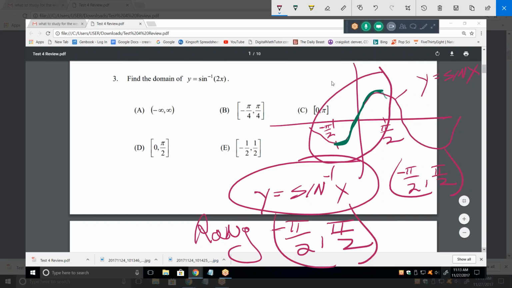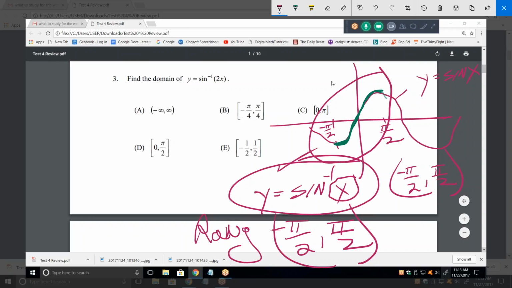Yeah, sure. If you put inverse sine and any number, it's going to give you an answer either in the fourth quadrant or the first quadrant. It does not give you the answers in the second and third quadrant.